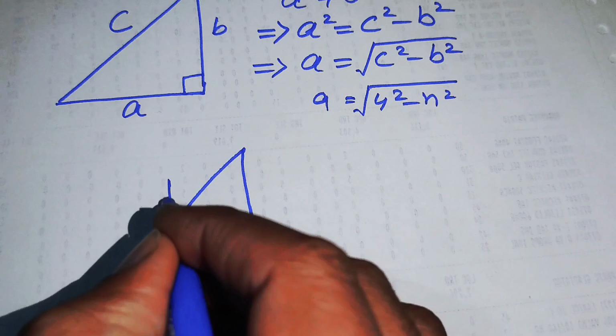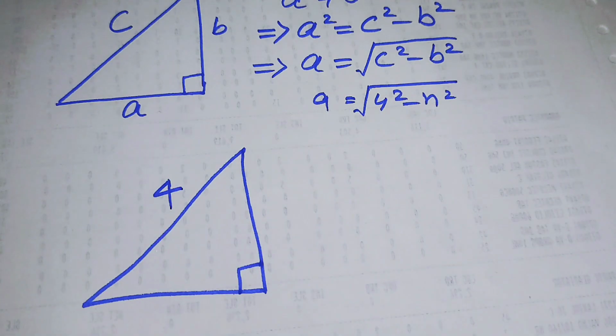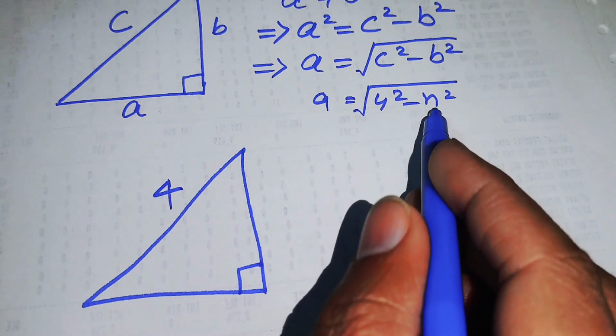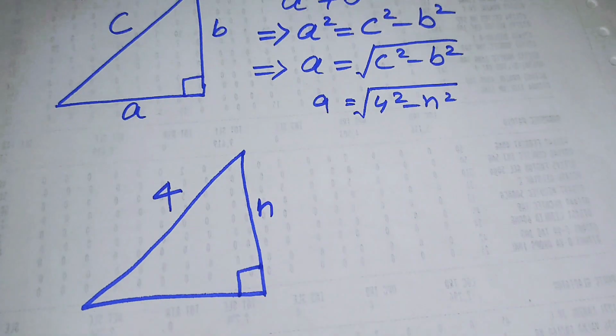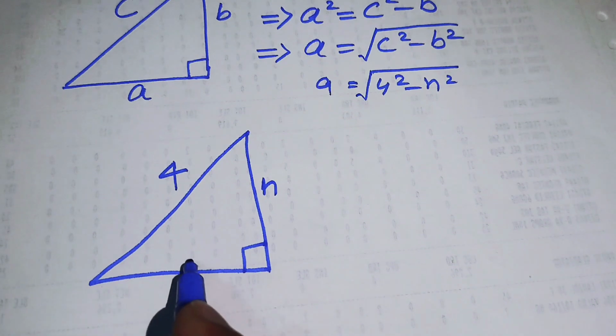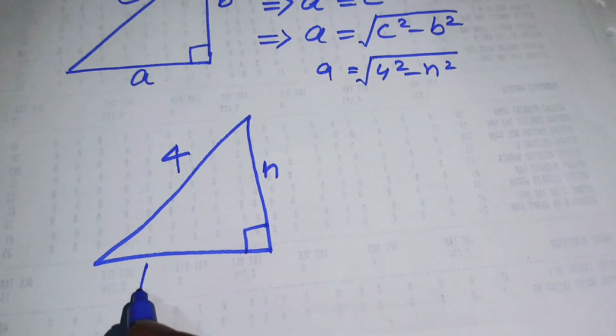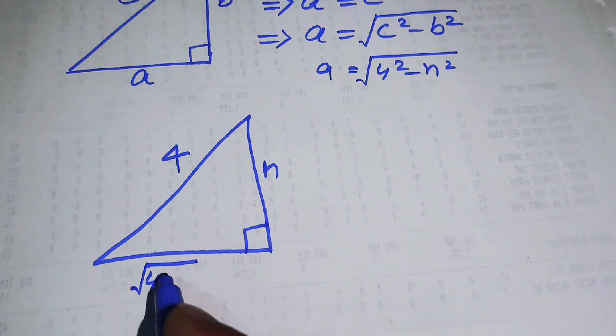So now we put the values of b and c in the below right triangle. You see that c is the hypotenuse, and in this case c is 4 and b is n. So we write the value of b here, which is n, and the value of a is the square root of 4 square minus n square, so we write the value of a here.